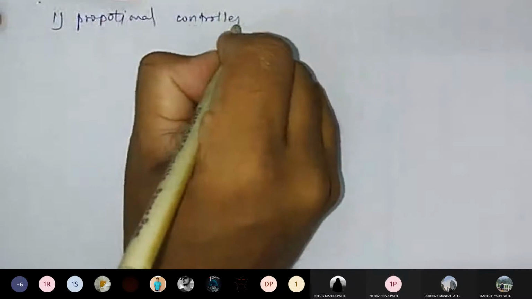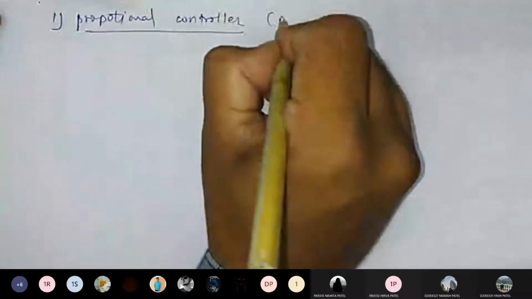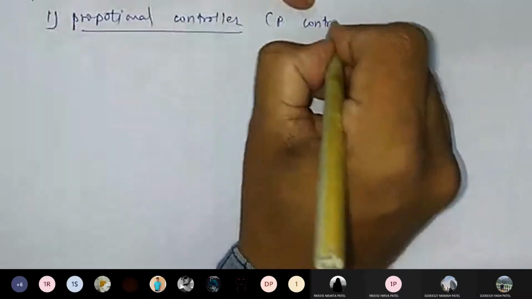So for that we will take the first controller, that is the P controller. The first controller is nothing but your proportional controller, or P controller.